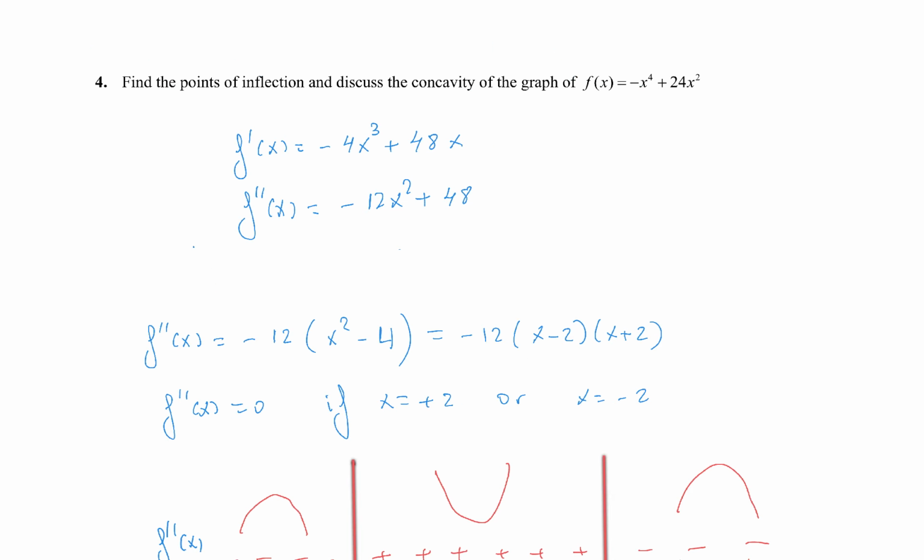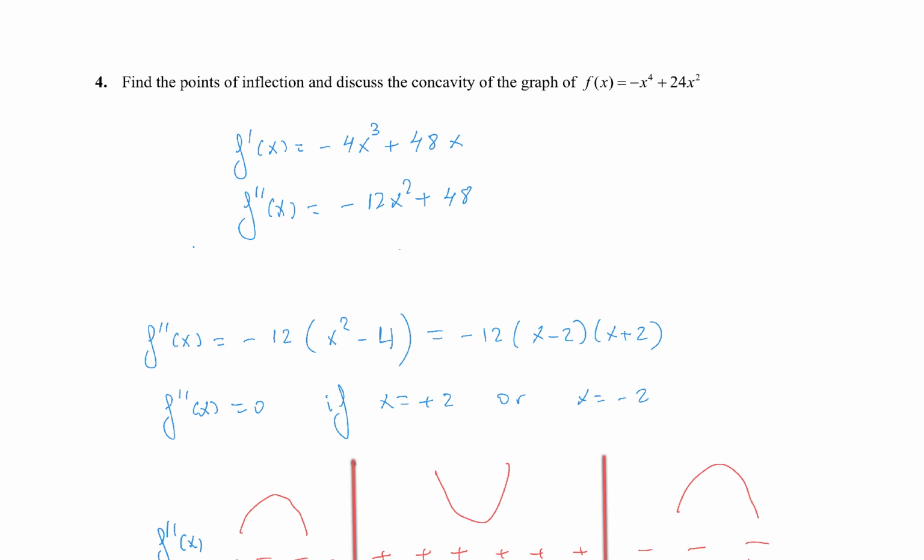Okay, let's go to problem number 4. Now we change the function. The function is minus x to the 4 plus 24x squared. This is a polynomial, defined on all intervals from minus infinity to infinity, and we need to find the concavity of this function.